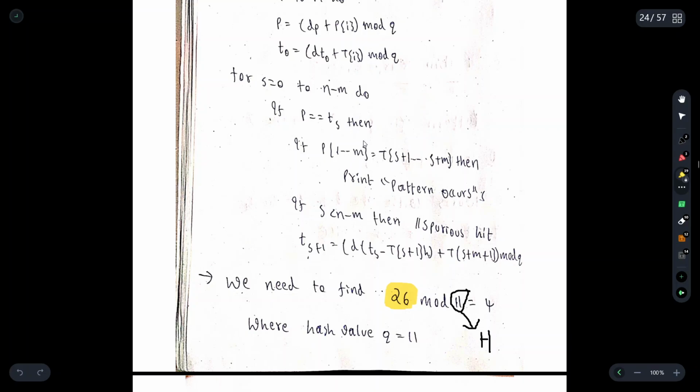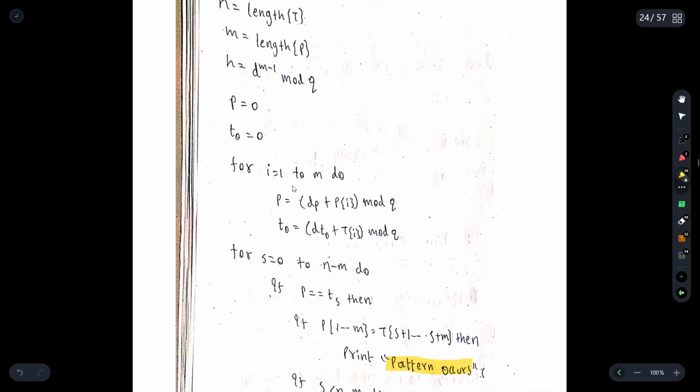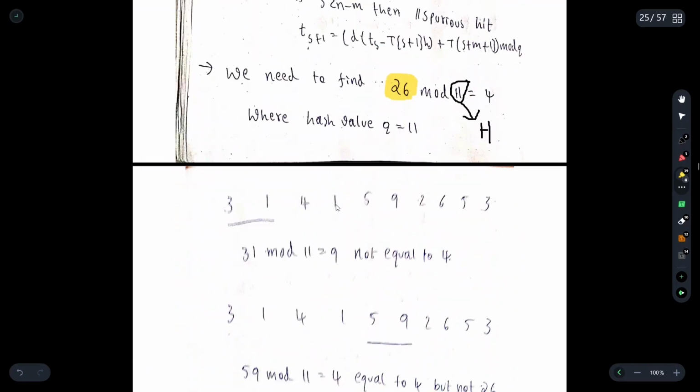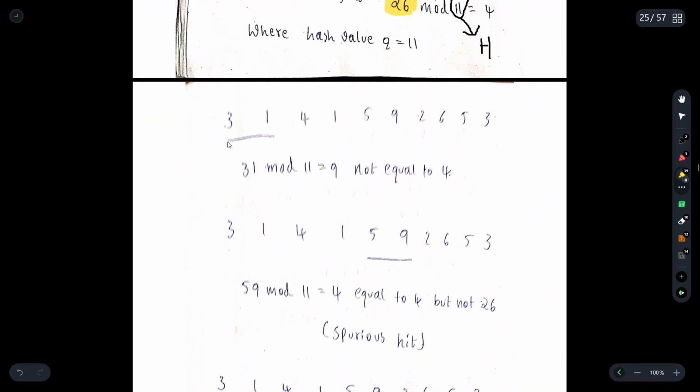If the value is equal, then we say the pattern occurs, otherwise we perform the hash function again. That is the spurious hit. So we move along and perform another hash function. In this way, the p remainder is the value with which we follow the pattern, that is 31.